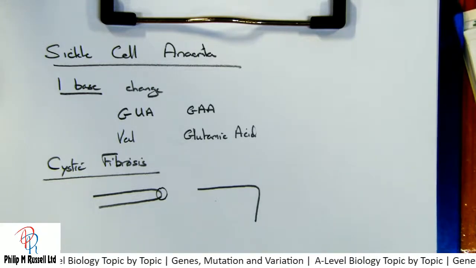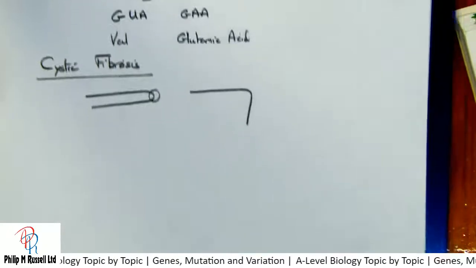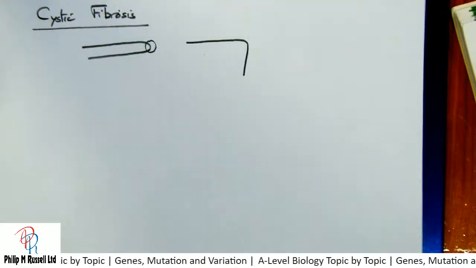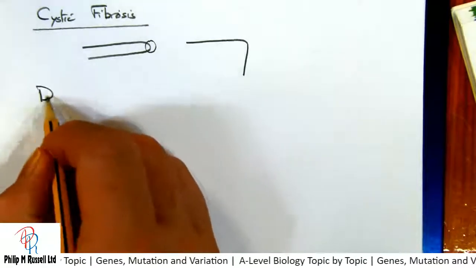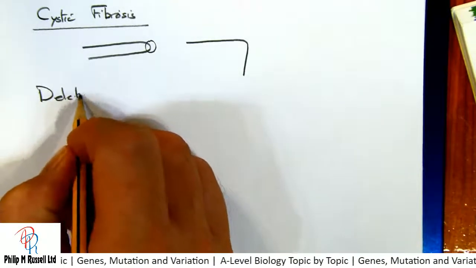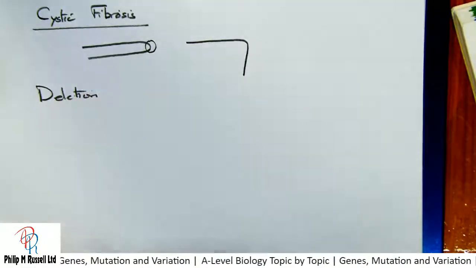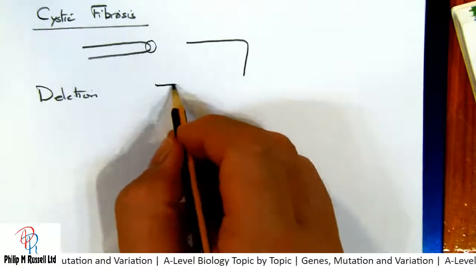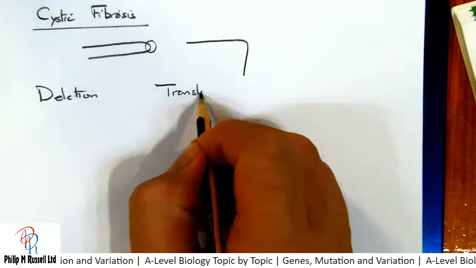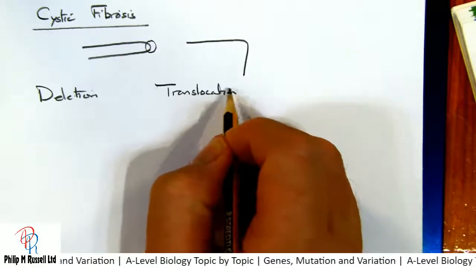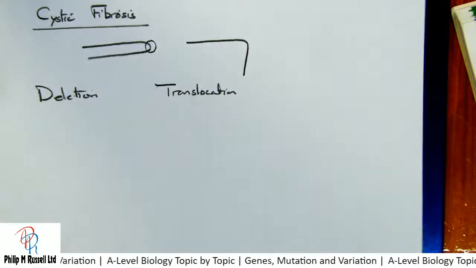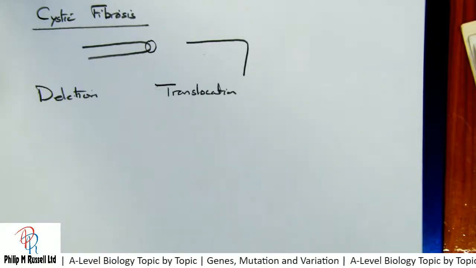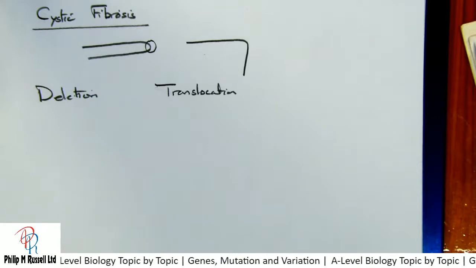So we've got these different agents causing different problems. We've got the problem of a deletion of a base, and we've got the problem of a translocation of the bases. And generally these things aren't terribly good.